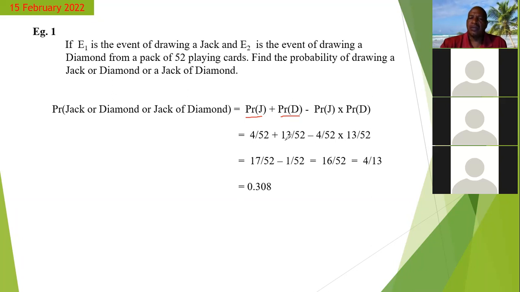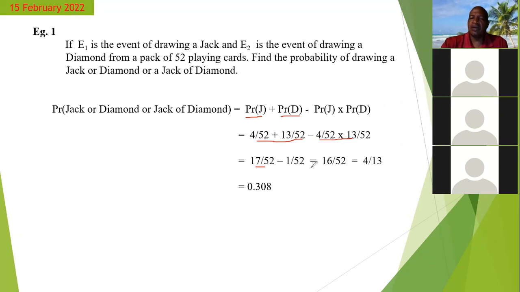Now, what we do then, we add these first two here. We multiply these two. So when we add, the numerator is 4 plus 13, we get 17 over 52. Now, when you multiply 4 over 52 times 13 over 52, so that would work down.